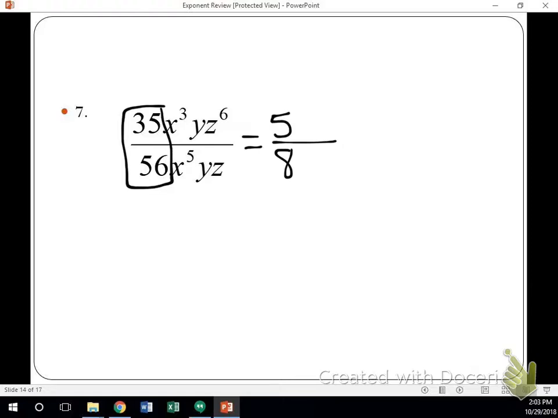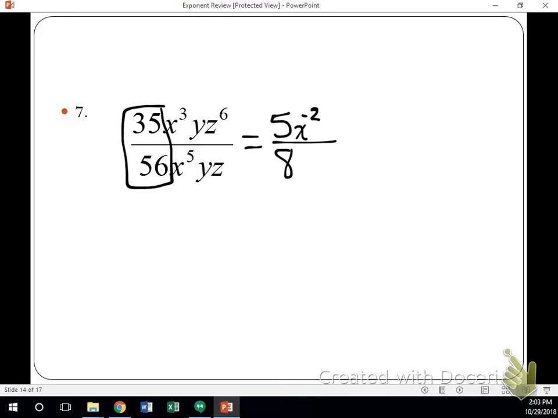Then we have to move on to the x's. We're dividing the same base, so what do we do with the exponents? Subtract. We take top minus bottom, so 3 minus 5. Negative 2. For now, I'm going to write everything in the numerator when I do this. We'll talk about what happens in a minute later on. Okay, what about these y's?